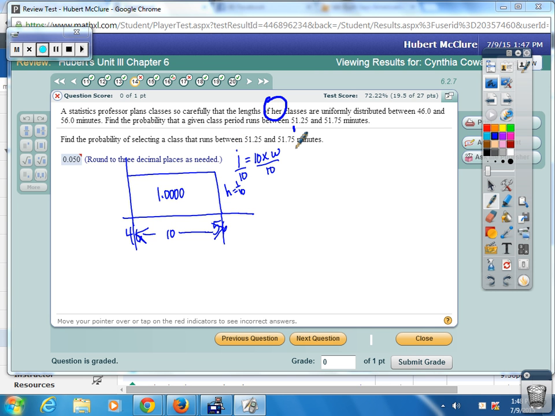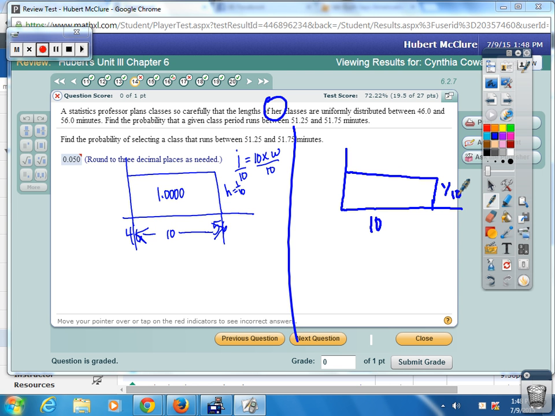All right, the second part. We got a box here, and it's 10 units long and 1/10 height. And you want to know what is the probability of a class running between 51.25, so 51.25 is right here, and 51.75.